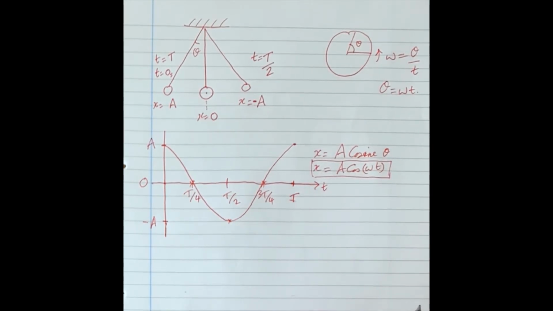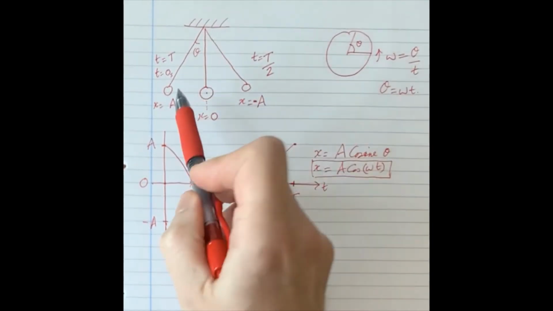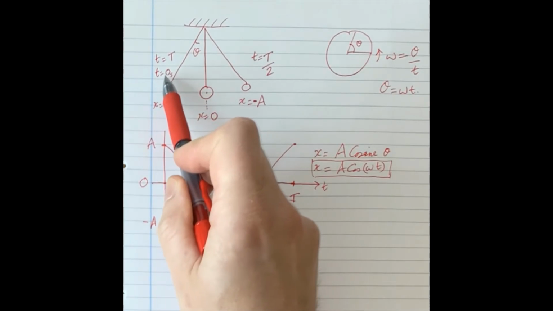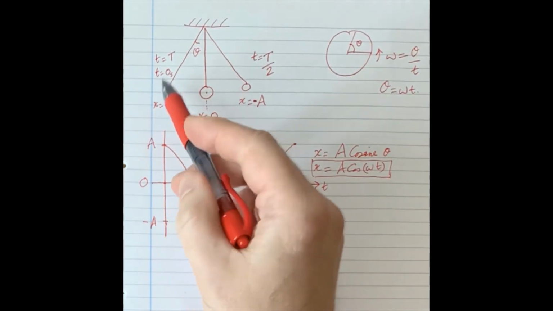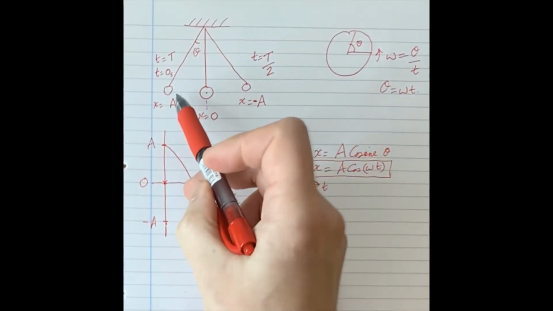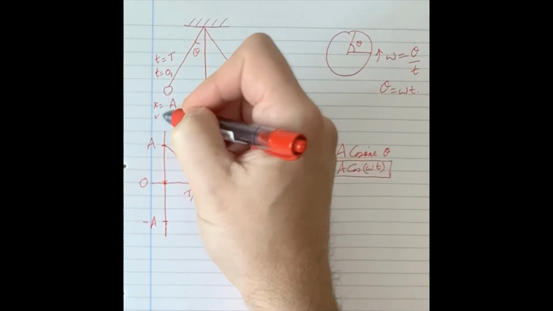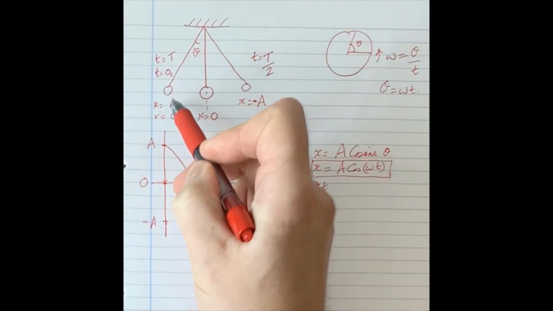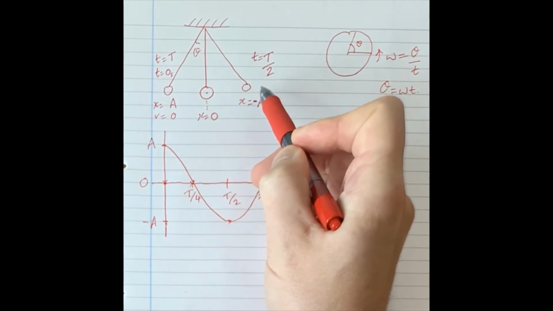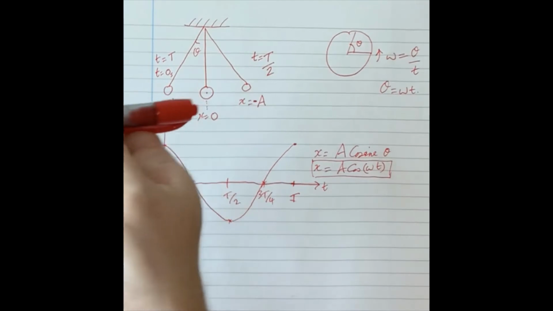Now let's think about the velocity. So the velocity of the object, when we start back at time t equals 0, I haven't let go yet, so it should be 0 velocity. So if we think about mapping on the velocity on this graph, we've got velocity equals 0 at this point, and likewise as it heads over to here, it was moving in this direction before changing its direction and heading back.